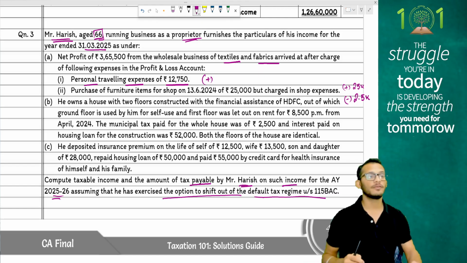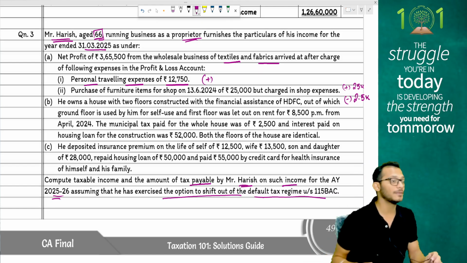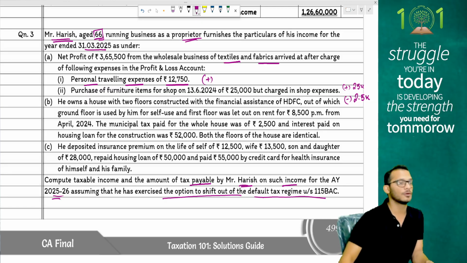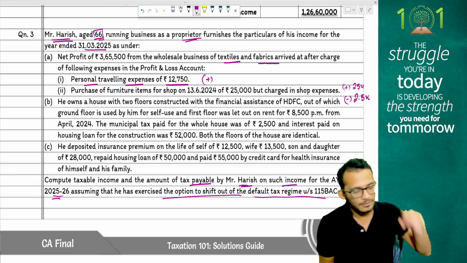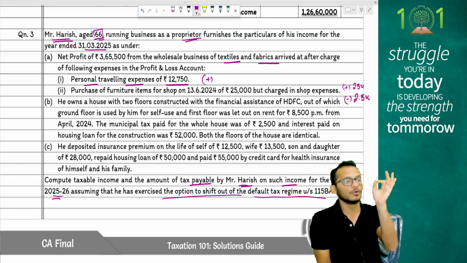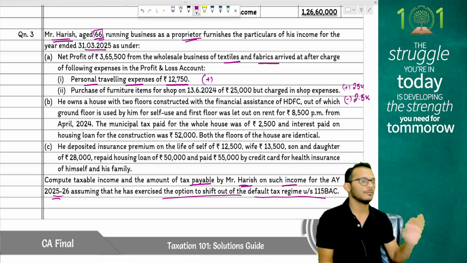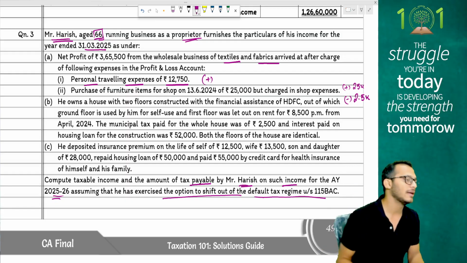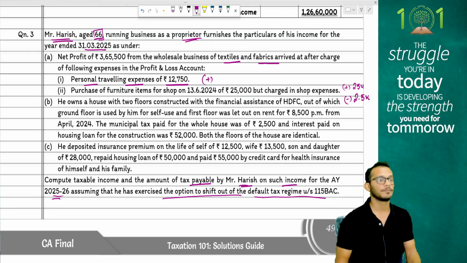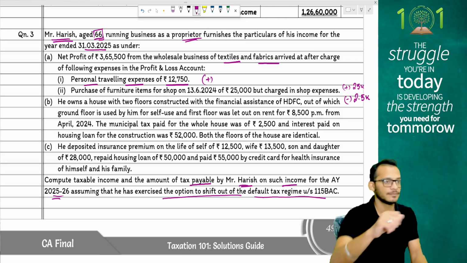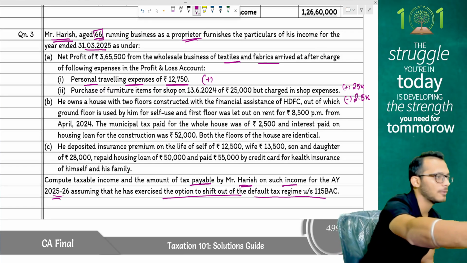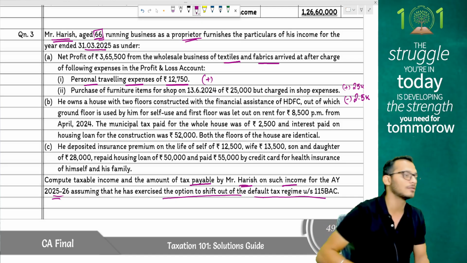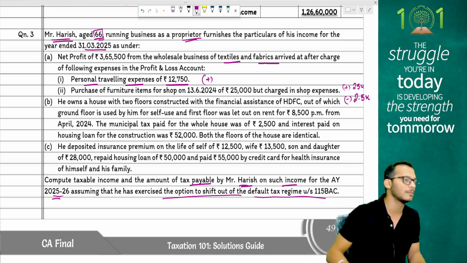Sometimes one adjustment can have multiple triggers, so be careful about those. Whenever it comes to capital, keep in mind that you have to give depreciation, unless it is a case of McGrath where the asset does not come into existence. If the asset is not coming into existence, I don't have a problem. But if the asset is coming into existence, always, looking at a capital item, please grant depreciation.